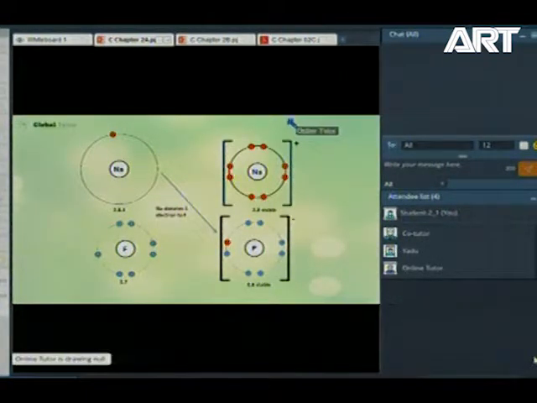Let us now see how sodium chloride is formed. So here you can see the sodium atom, and here you can see the fluorine atom. Only the outer shell is represented here. You can see 2, 8, 1, which is the electron configuration, and in the outermost shell you have only one electron. Just like that, here the electron configuration is 2, 7. On the outermost shell, you have 7 electrons. So you know from the last lesson that these are not stable electronic configurations.